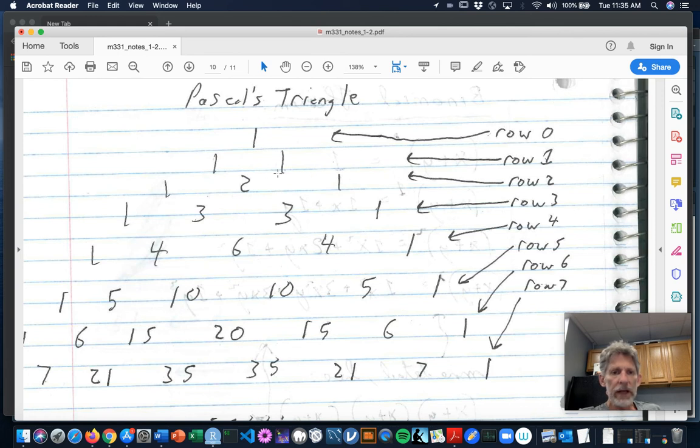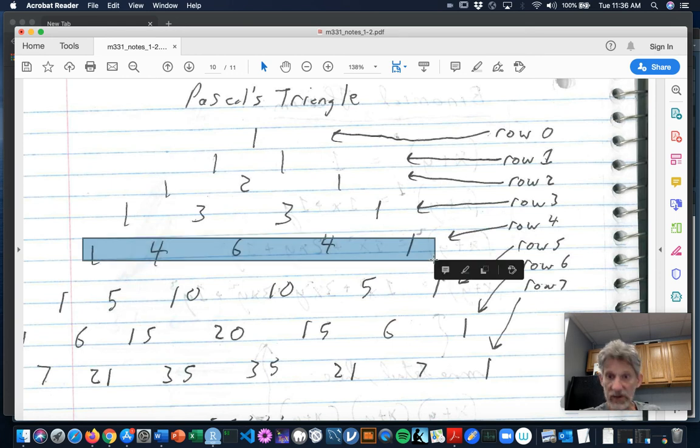Row 1 adds up to 1 plus 1 is 2, twice as much as before. Row 2 adds up to 4, twice as much as before. In fact, here's row 4, that one adds up to 16, which is 2 to the 4th power. So the rows double as you go down, and the formula for the nth row is 2 to the n.